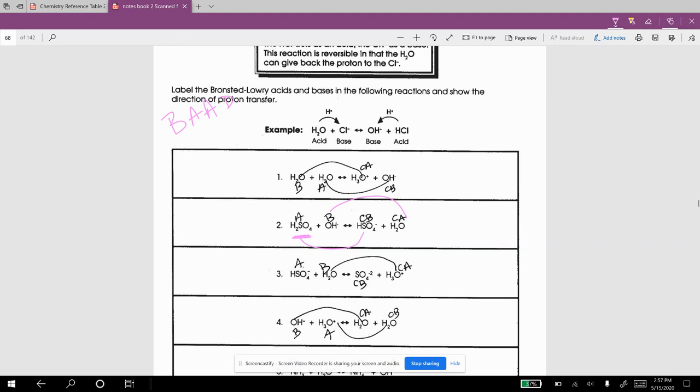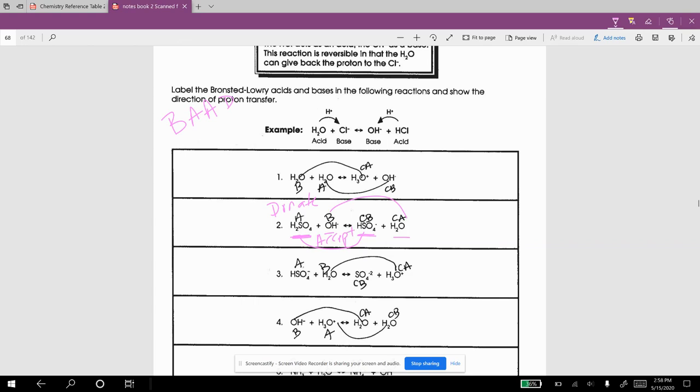So if I have H2SO4, but I end with HSO4, what happened to this H2SO4? Did it lose or gain that hydrogen? It lost it. Does that mean it accepted it or donated it? That means this one donates. So this one is the one that donated. And the OH goes from 1 hydrogen to 2. Did it donate or accept? This one accepted the H plus.